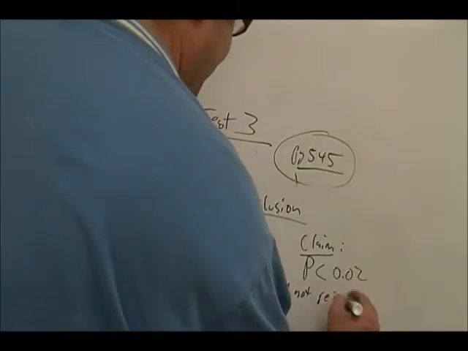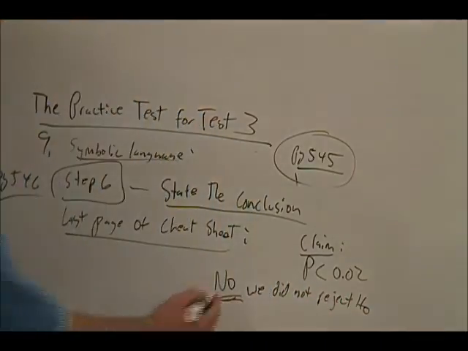reject H naught. So since we did not reject H naught, you follow that line and it says, there is not sufficient sample evidence to support the claim.